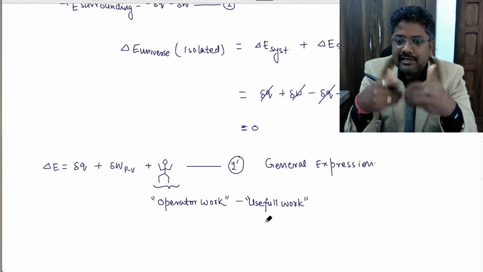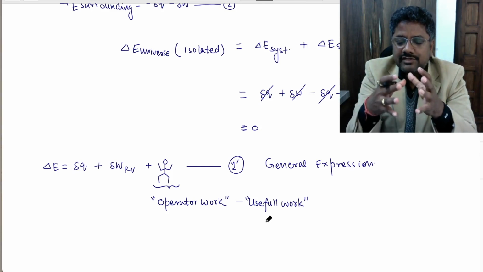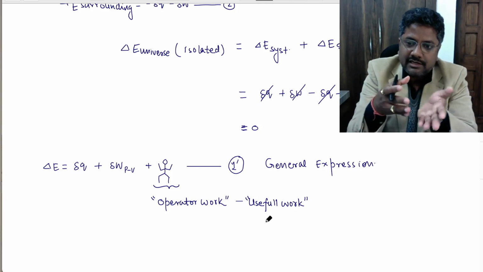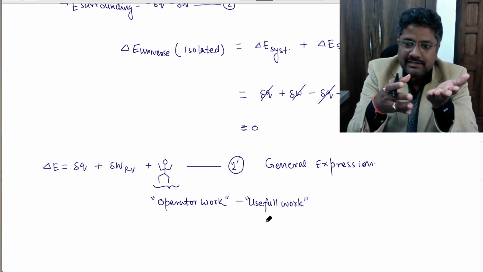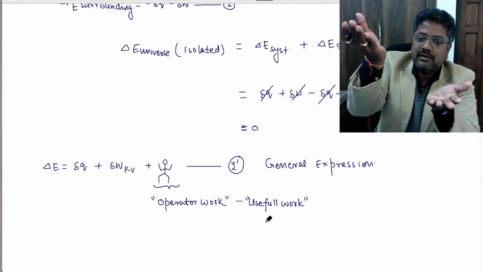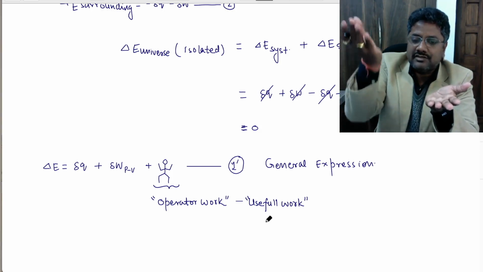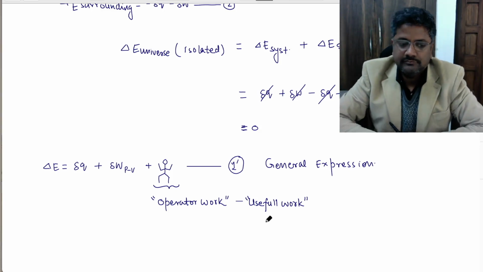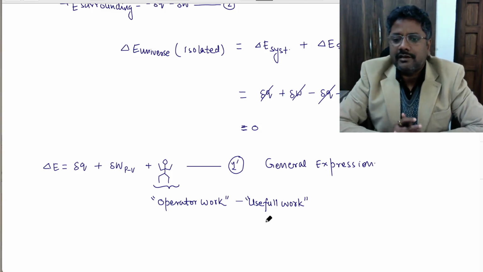Some amount of the energy of the gas is used in the expansion of the gas, and some energy is used to lift the mass. So there is expansion against 1 atm pressure, because we normally consider atmospheric pressure as the external pressure.